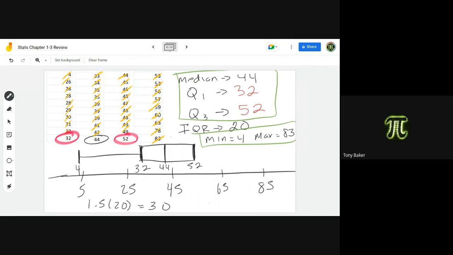My outlier is 83. So I'm going to go up to 82, and I put a star at 83. And there's my box-and-whisker plot.